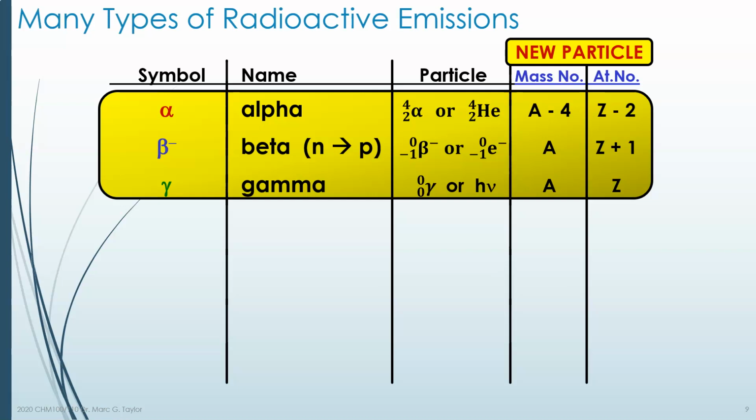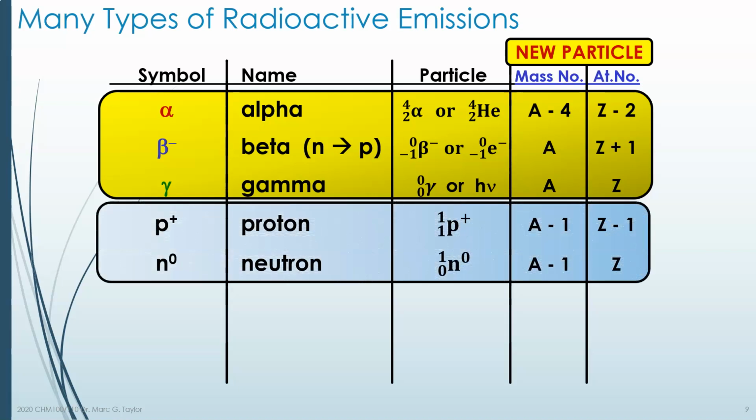It's increasing because you're turning a neutron into a proton. So the mass is not being changed that much, so we still have the same mass number, but you are changing the atomic number, and that means you're changing the element to the next higher element on the periodic table. That's very odd, but you have to get used to that. And the gamma particle doesn't change the mass number or the atomic number, so that's easy.